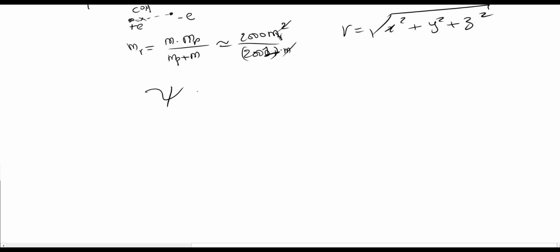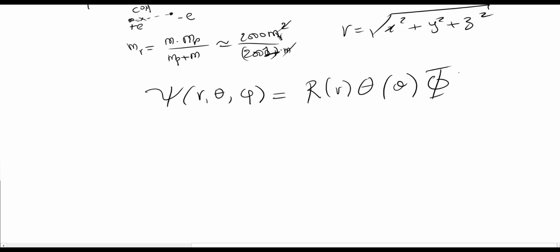The function, instead of depending on x, y, and z, is going to use the polar coordinates r, theta, and phi, and we're going to separate it into a radial component, a component along the direction theta, which is the angle theta, capital Theta being the function and little theta the variable, times Phi as a function of phi. So basically this is the separation that we're going to end up with.